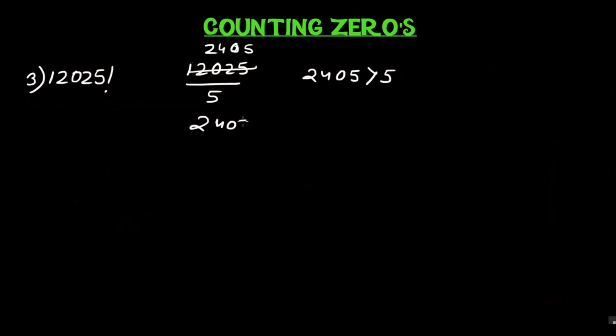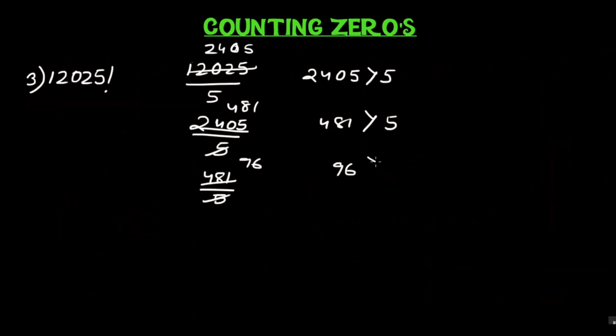We'll divide 2405 by 5 again. So we'll get 481, which is again greater than 5. Again divided by 5, we'll have 96 point something, but we'll take the integral part only. So that's 96. So we'll again divide 96 by 5.